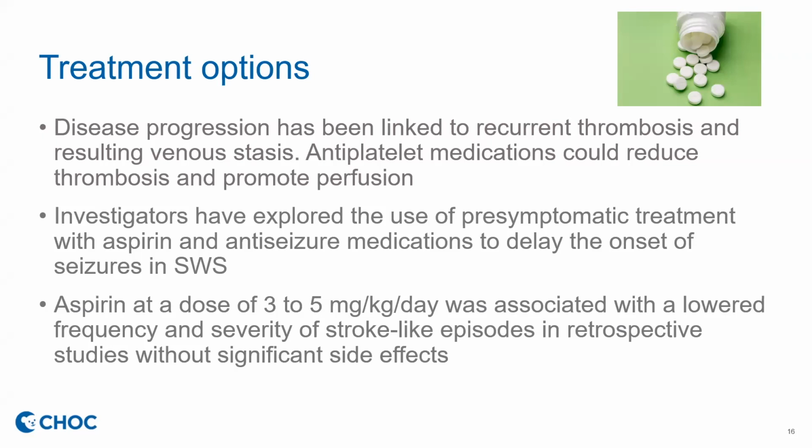So some authors recommend treating pre-symptomatic patients with anti-seizure medications just to be sure that we are covered and don't have any seizures, to protect that vulnerable brain so it develops as best as it can. And that's the aspirin dosing that we typically use. We can calculate on the pediatric side per kilo per day.